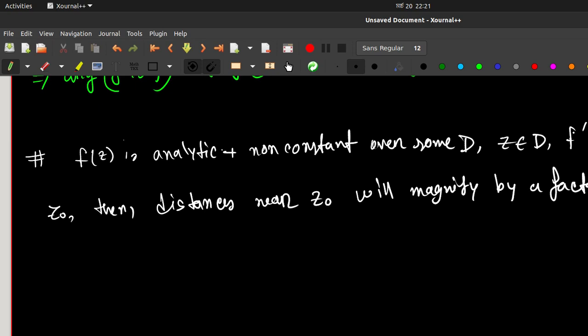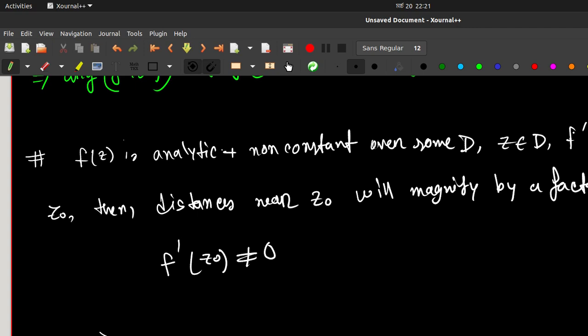This will be the factor, and this is pretty easy to prove. Note that for any point of interest, the derivative at that point is not 0, so this is something which is not 0.